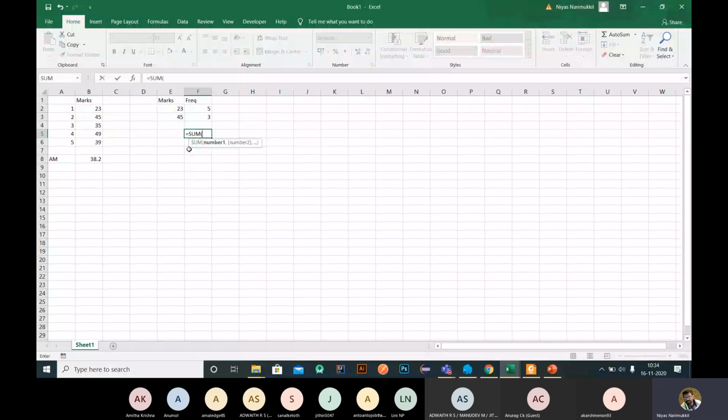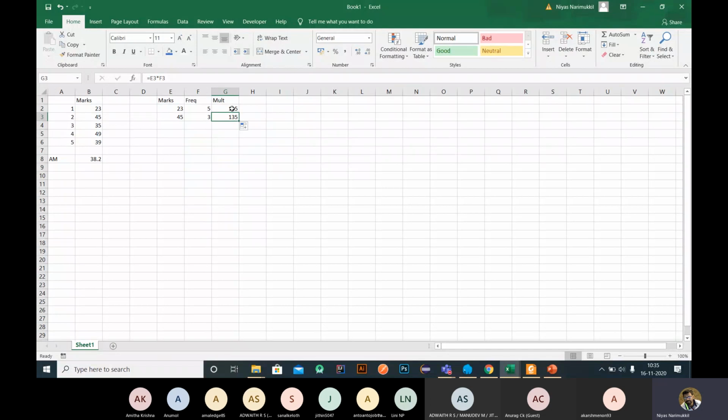So the sum of what we need to do: first of all, we need to multiply here. So I just use multiply, 23 into 5 here, right? And just scroll down, we get 45 into 3 here.